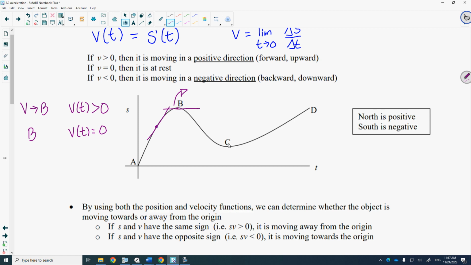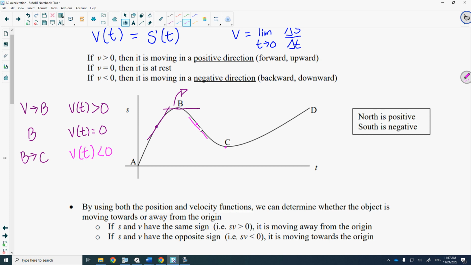From B to C, what's happening, again, the slope at any point along that interval would give you the velocity, right? Because the derivative of this would give you the velocity, and the velocity is less than 0. So v of t is less than 0.